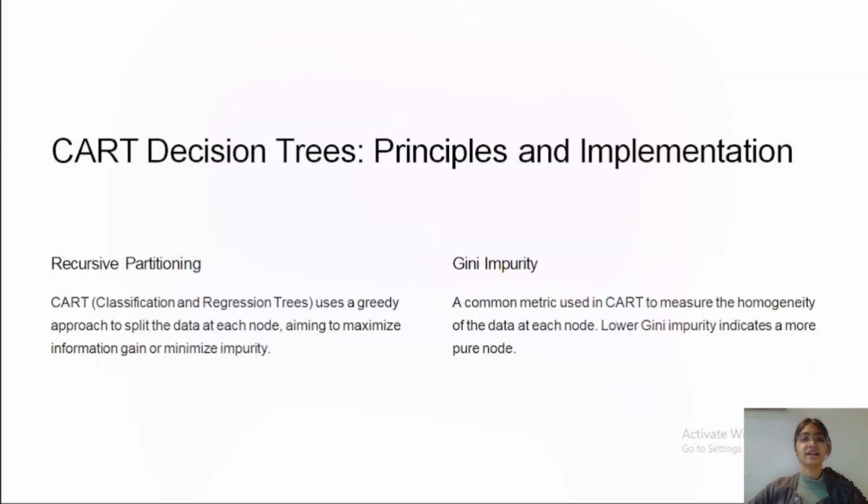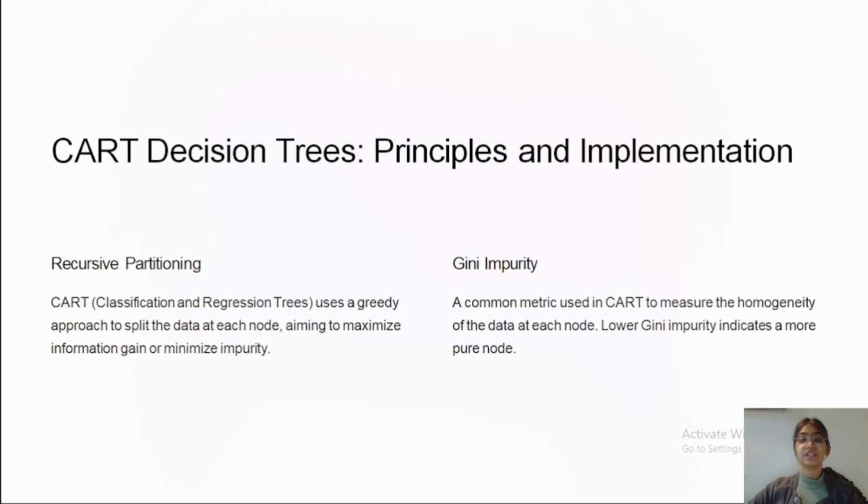Now we have CART decision tree, principles and implementation. CART, classification and regression trees, uses a greedy approach to split the data at each node, aiming to maximize the information gain and minimize impurity. With the use of CART, you can minimize the impurity of your data and gain most of the information.